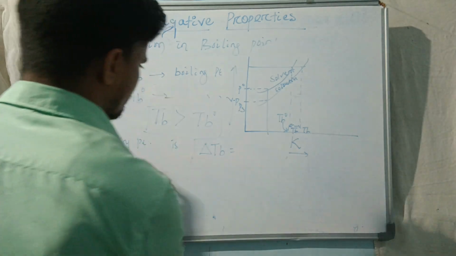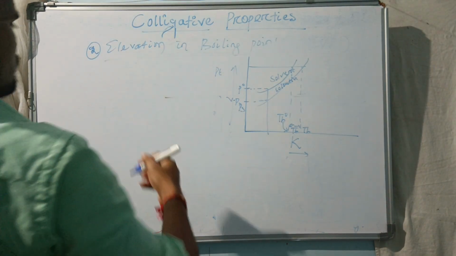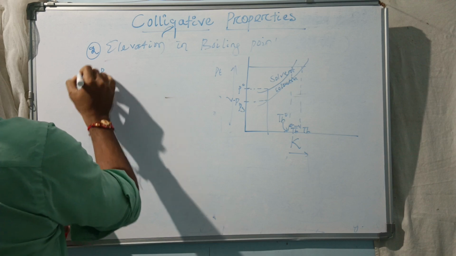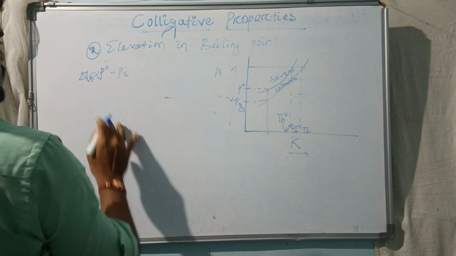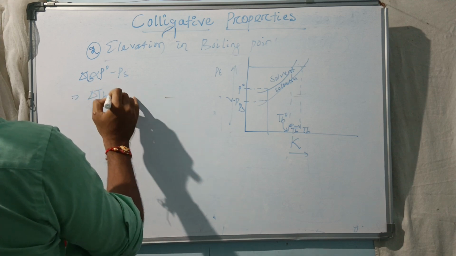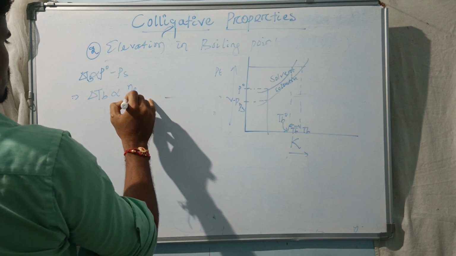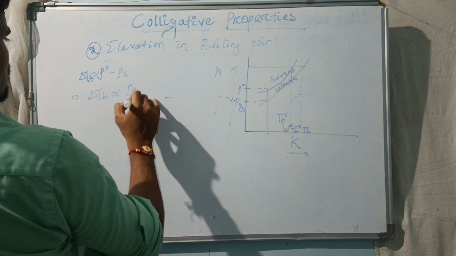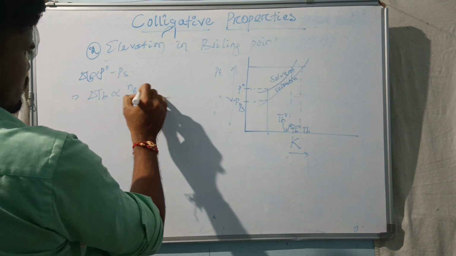So from the graph, delta TB is directly proportional to P naught minus PS. Now delta TB is proportional to NB by NA, right?